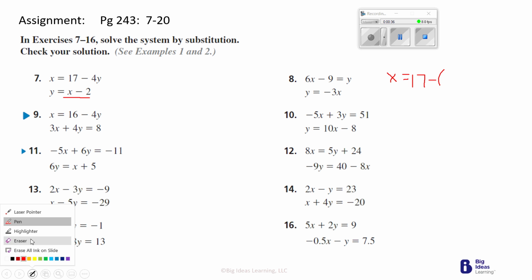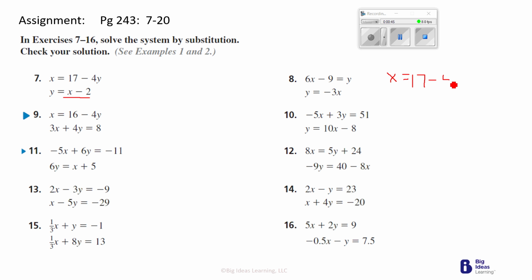Sorry, I started to put the parentheses first. And we're going to replace y with x minus 2. You can see here, since y equals this, it's like putting this in place of where y was.